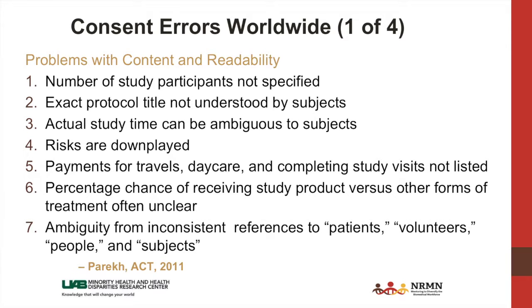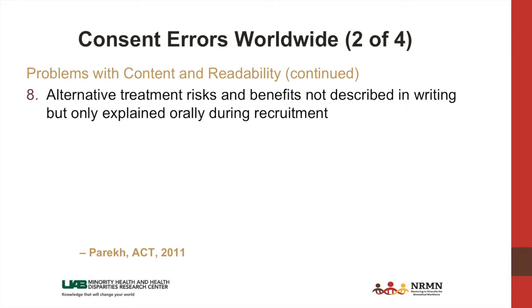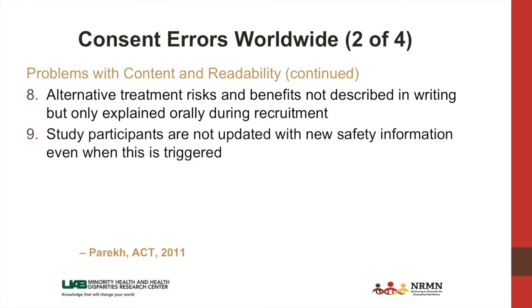There is ambiguity sometimes from inconsistent references to participants as patients, sometimes as volunteers, sometimes as people, sometimes as subjects, right? Problems with readability includes also alternative treatment risk and benefit that are not described in writing, but only explained orally during the recruitment process, right?